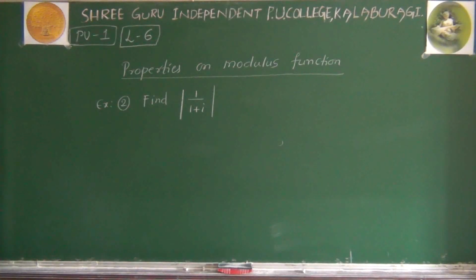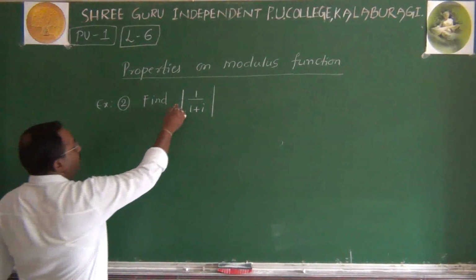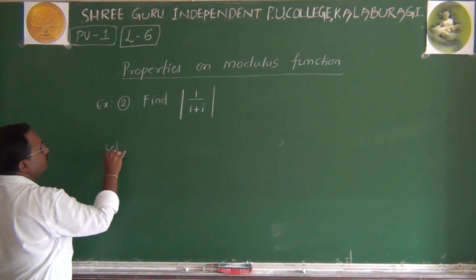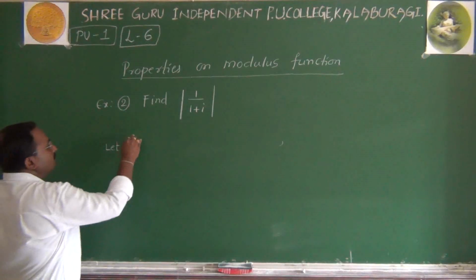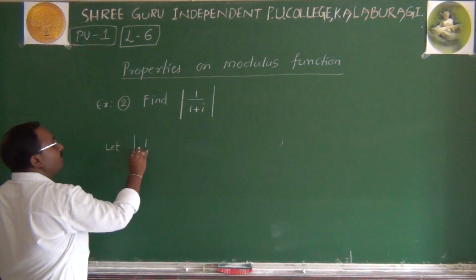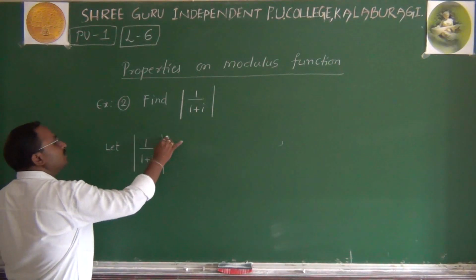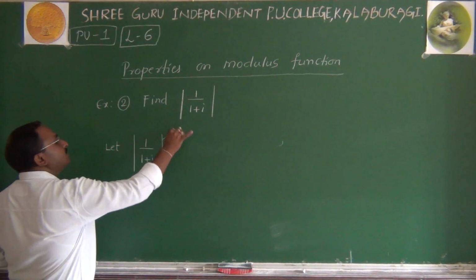Find 1 divided by 1 plus i. It is understood. Solution: let the modulus of 1 divided by 1 plus i. This is what? This is the modulus definition.